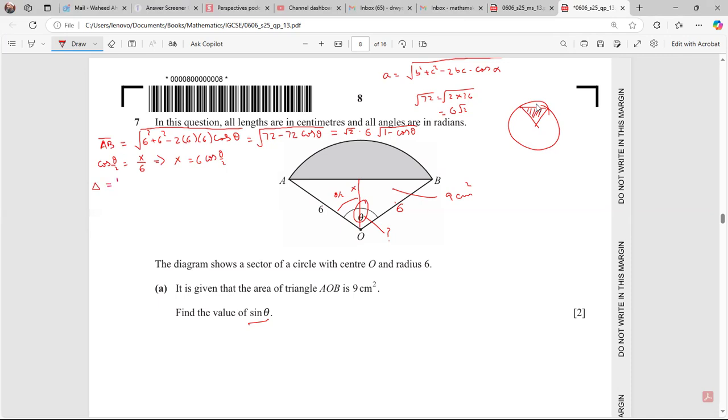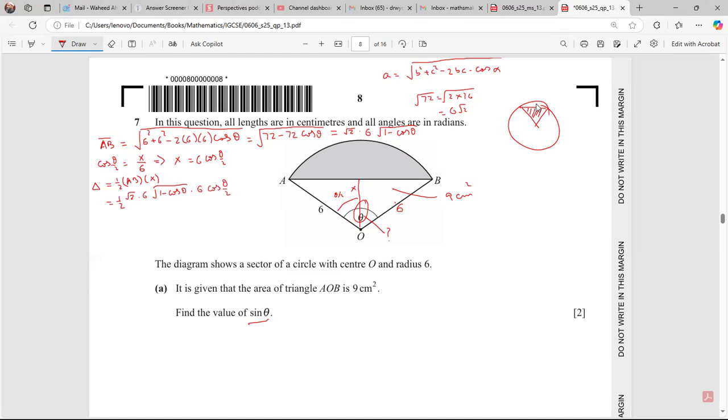This area is going to be half times AB, into the altitude, which I call X. So this is going to be half, and AB is the square root of 2 times 6 times 1 minus cos theta, right? And X is 6 times cos theta by 2.